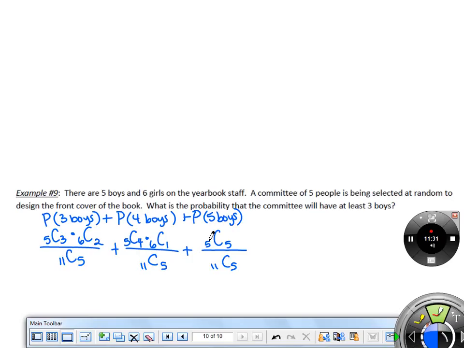So 11 choose 5 gives us 462. And I'm going to calculate each of the others. So 5 choose 3 times 6 choose 2. So when I calculate each one and then add them all together, I get 181 out of 462.